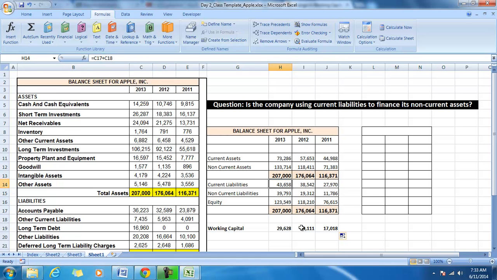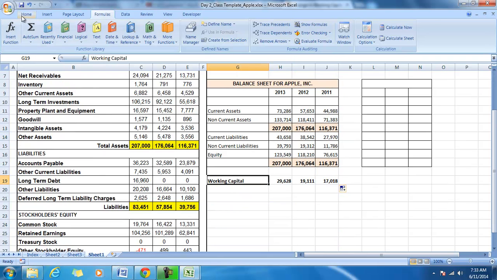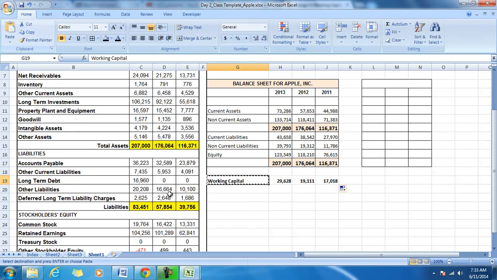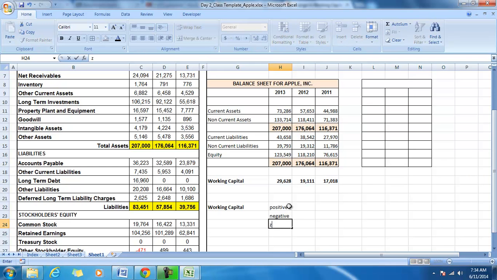So working capital can be positive, working capital can be negative, and working capital can be zero.